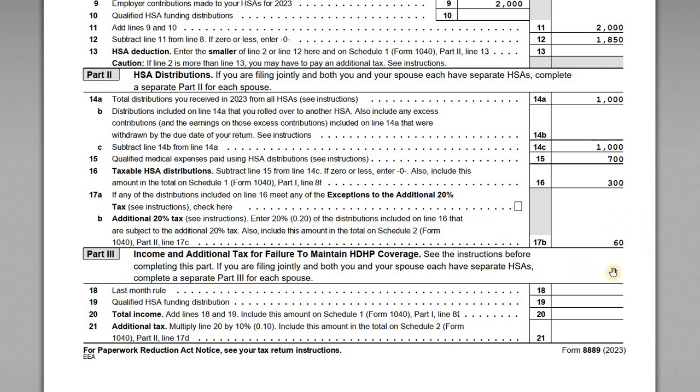In our case, we didn't meet any exceptions, right? John, he's not disabled. He's under 65. And he's not deceased, he's still living. So these funds aren't being withdrawn by the executor of his estate. So he's got $300 of income, $60 of additional tax that needs to be included.